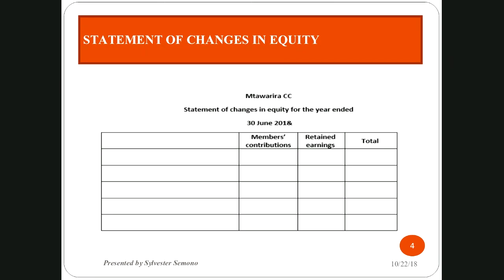So these are just the balances given to us. Please give me the balance of the members' contribution because we do have it. Please help me with that balance. 205,200. I think everyone is following.